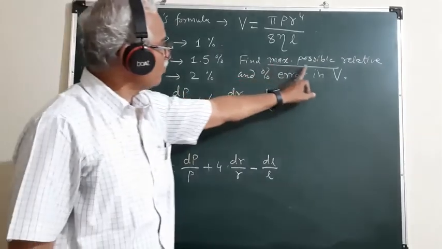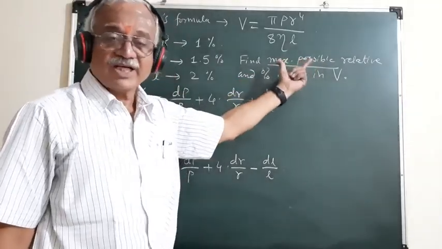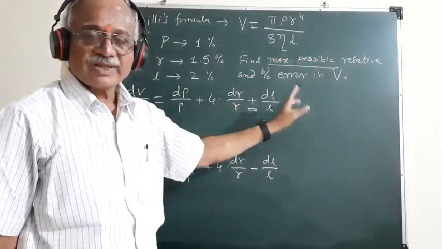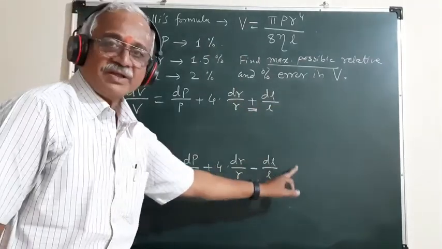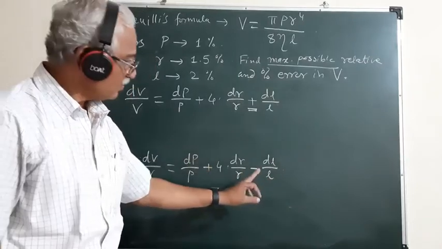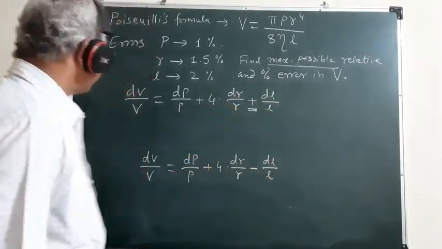Since we are asked to find out the maximum possible relative error, we have to consider the positive error in the measurement of the length of the capillary tube. So it is taken to be positive here.